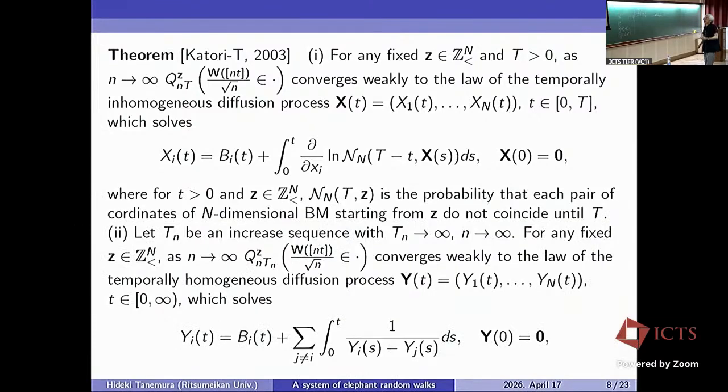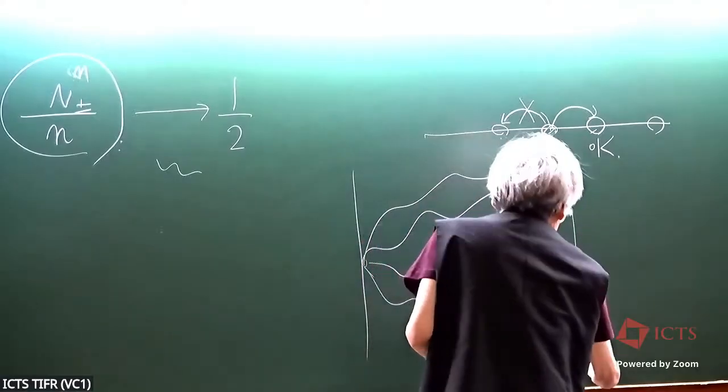And here, N_T(z) is the probability that each pair of coordinates of n Brownian motions starting from z do not collide until T. This diffusion is just non-colliding Brownian motion until T.